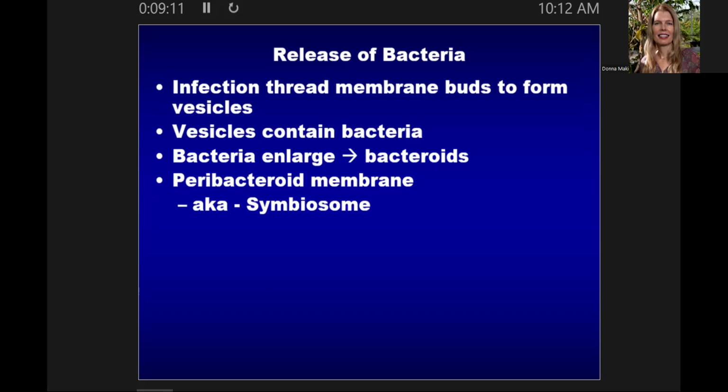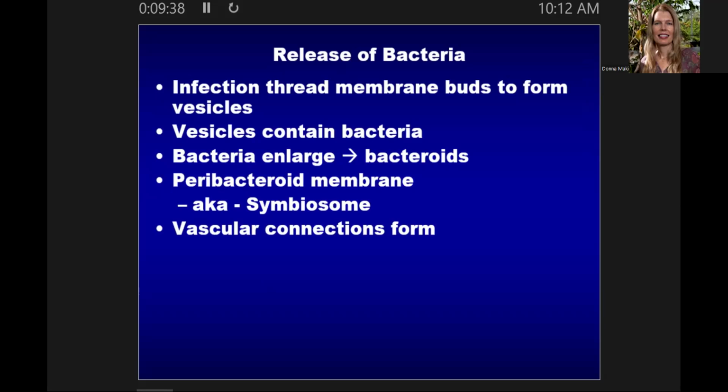So as the bacteria are enlarging, you still see that they're encased in that plant-derived membrane, and they start referring to it as a symbiosome enclosure. And then the other thing that has to happen is, into those nodule areas where all the bacteria are, you have to have good vascular connections. So the plant has to get its vascular tissue embedded into the nodule nicely so that the bacteria can get fed.